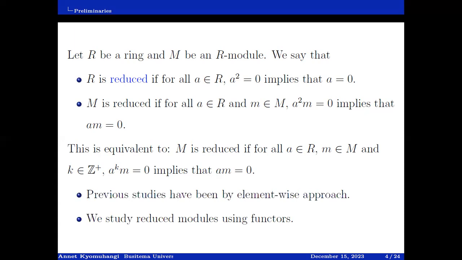Previous studies, as you can see from the definitions that I've given, are all element-wise. We are looking at elements of the ring and then elements of the module. This study looks at reduced modules in terms of functors. We are describing them in terms of homomorphisms and then the objects.